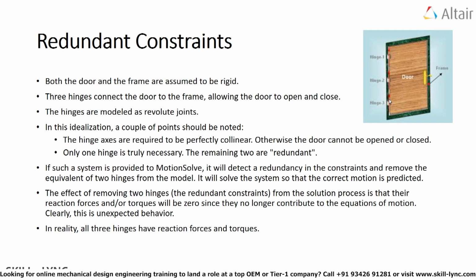But say you want to request the reaction forces on hinges 1 and 2. If MotionSolve removes the first and the third joints as redundant, then you will not be able to recover the reaction forces or the torques at these locations, even though the motion prediction, that is the animation, may look right.